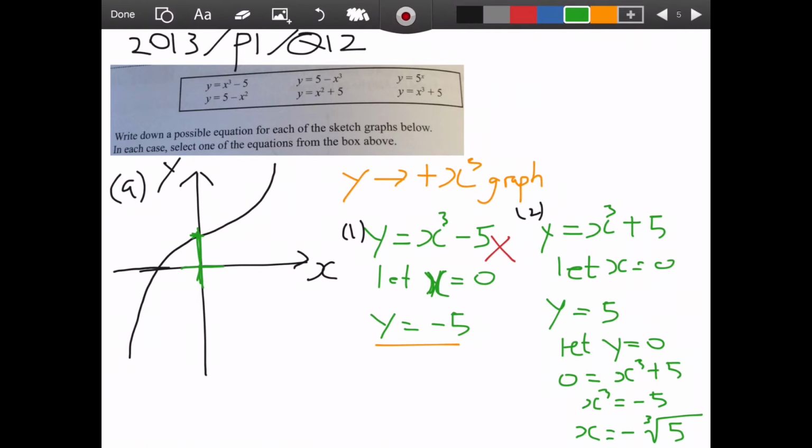When y is equal to 0, this is the x-intercept, and the x is indeed a negative number. We do not know for sure what the number is because, again, this is a sketch. But from the signs, it's quite clear. This is a very good guess. In fact, there are only 2 equations of the positive x cubed graph, and the first one we know to be wrong. So the answer is number 2.